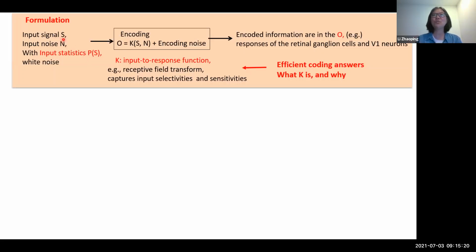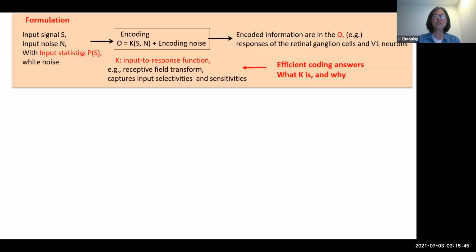The signal could be multidimensional. For instance, if you have an image which has 1 million pixels, then the signal is a 1 million dimensional distribution. That's what an input statistic means. People talk about natural seeing and non-natural seeing, which means the probability distribution differs. Natural seeing has one particular probability and non-natural has a different probability, okay?